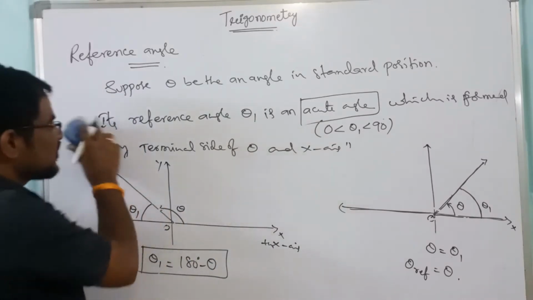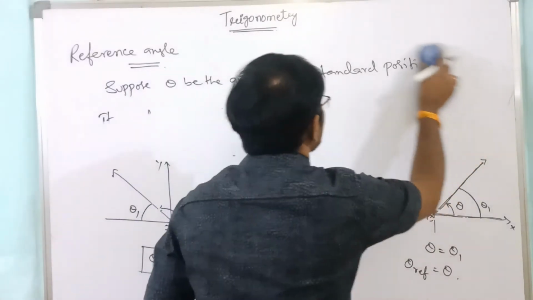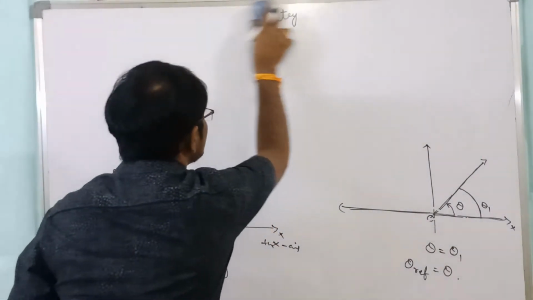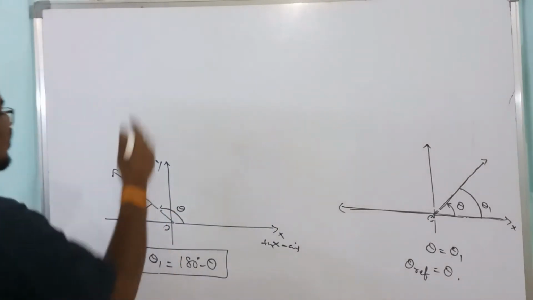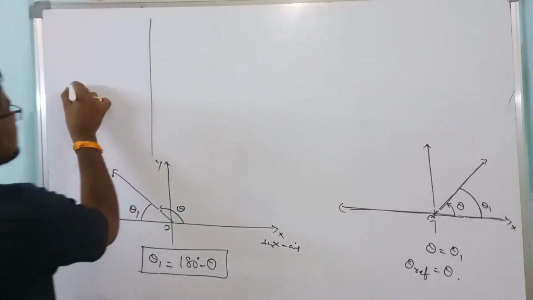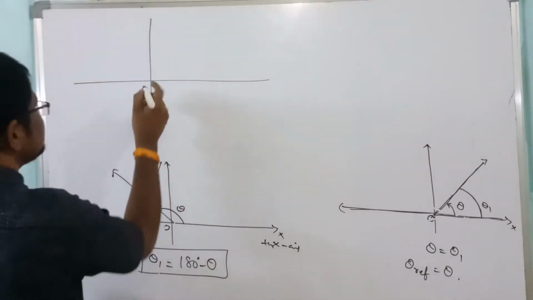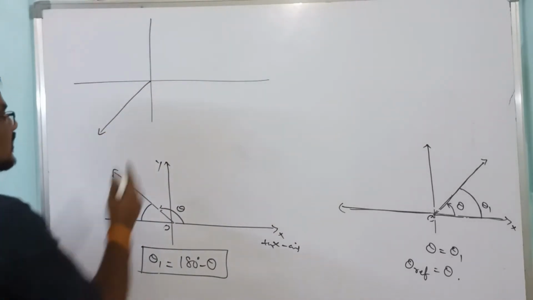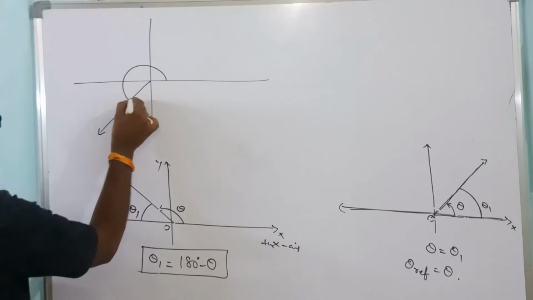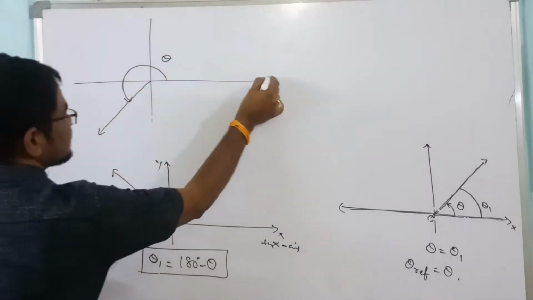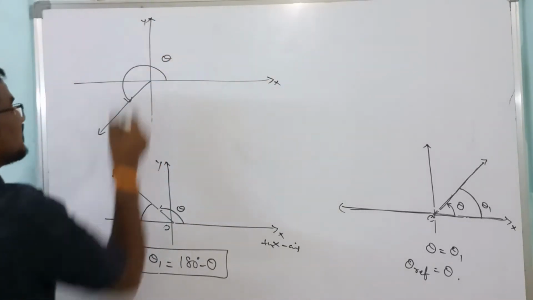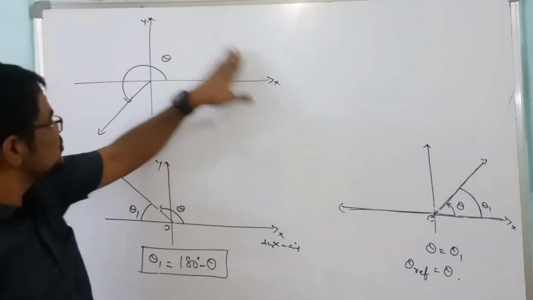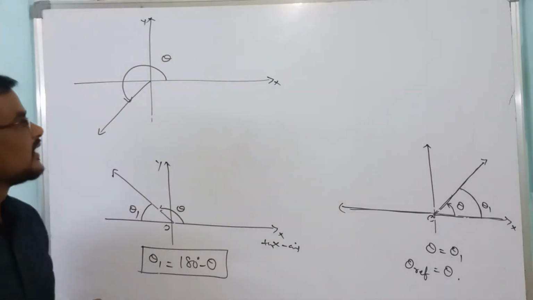Okay? Suppose the original or standard angle is in the third quadrant, like this. This is the terminal side, so here we take the angle theta like this, because the angle is measured from the initial side, the positive x-axis, to the terminal side.